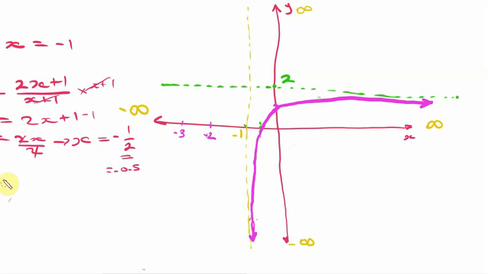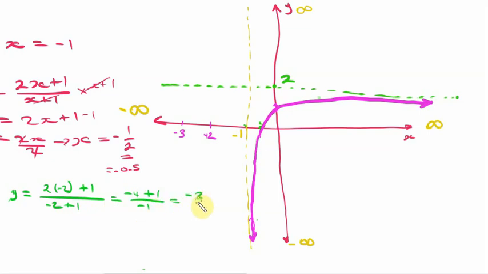So when x is minus 2, what is the value of y? 2 times minus 2 plus 1, divided by minus 2 plus 1. 2 times minus 2 is minus 4, plus 1, divided by minus 2 plus 1, which is minus 1.